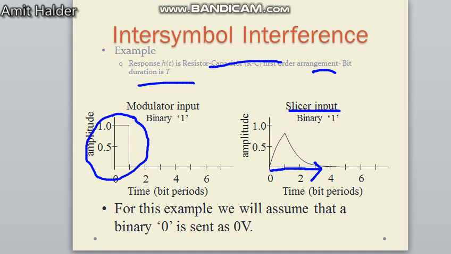With input binary 1, the output is not close to 1, it stays just behind 1, and the time has also been delayed. For this example, we assume that a binary 0 is sent as 0 volt, because it is less than 1. Sometimes it is found as 0, but originally it is not 0.